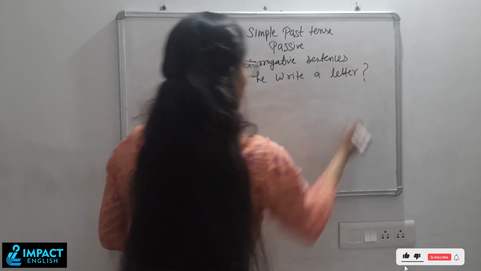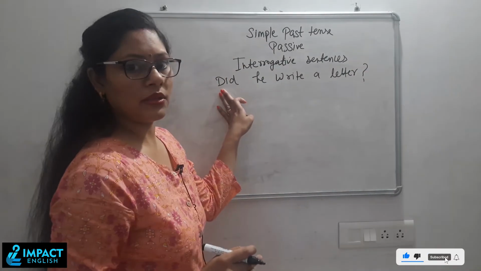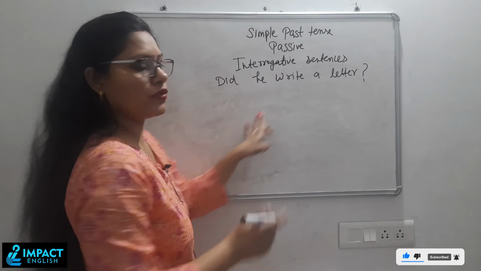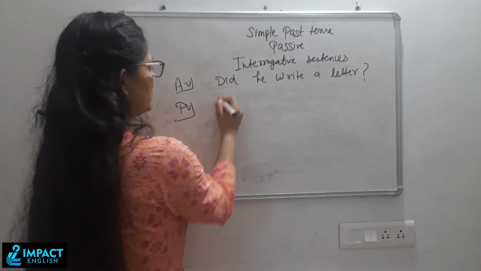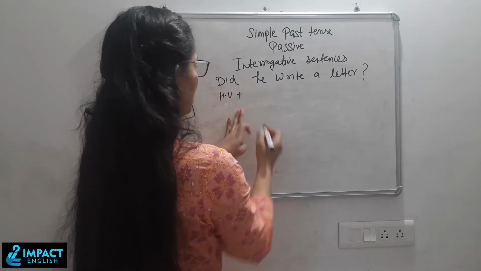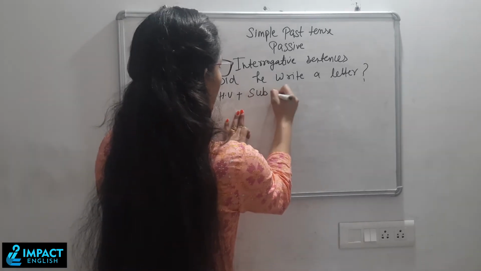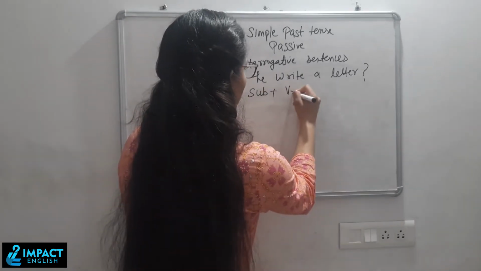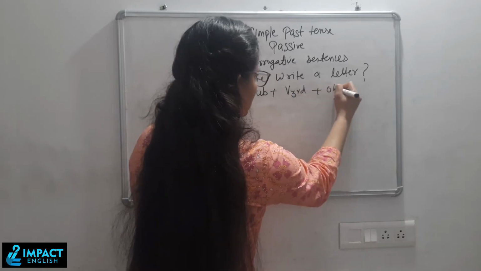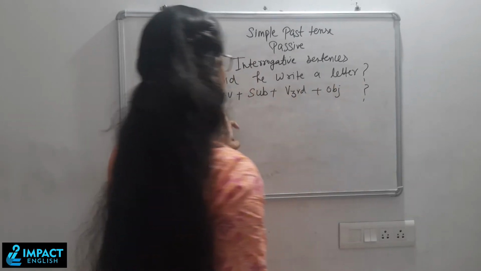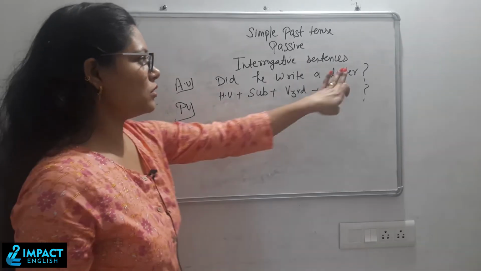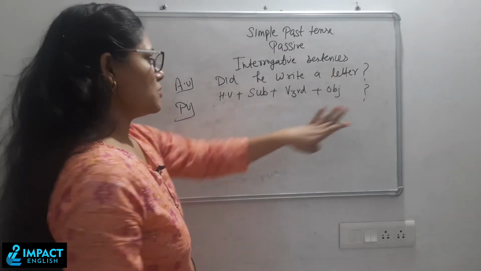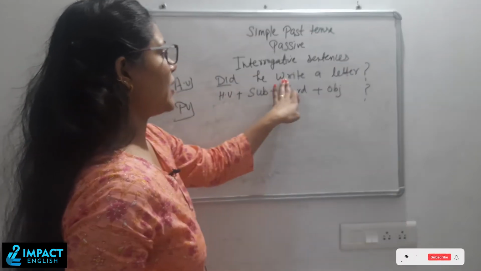Question mark, and here did is given, that means we will use first form of the verb. Now passive voice structure will be helping verb, then subject, after that third form of the verb, and then object. See, the helping verb we will write according to this object. So, did he write a letter?